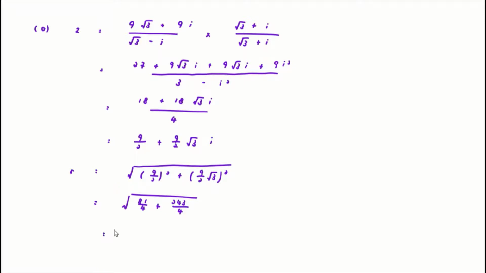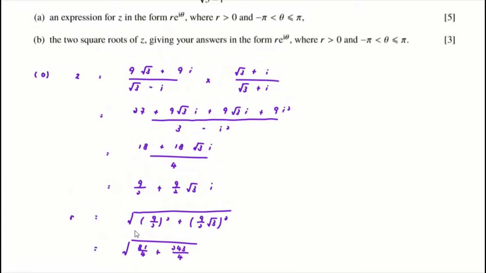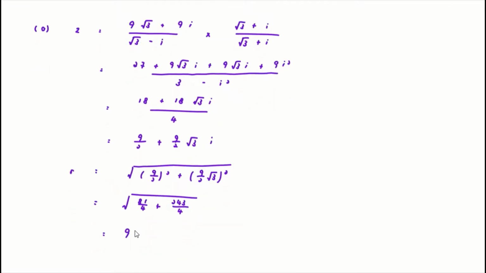So when you add them together, 81 plus 243, that's 324 divided by 4, 81. The square root of 81 is 9. Okay, so after you get this, now we proceed to theta.